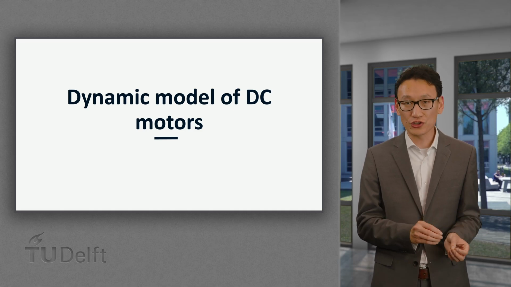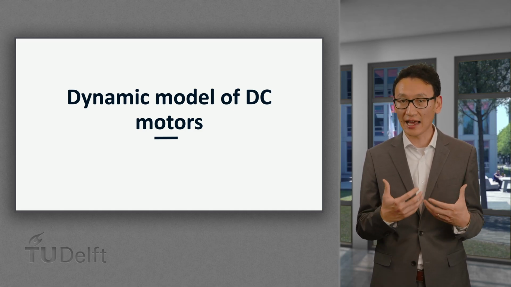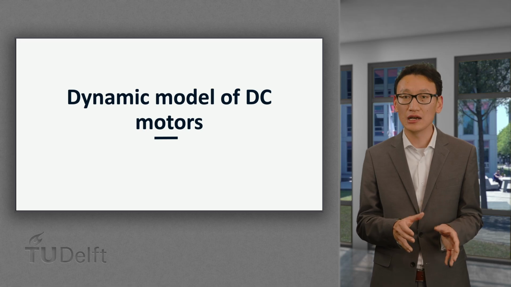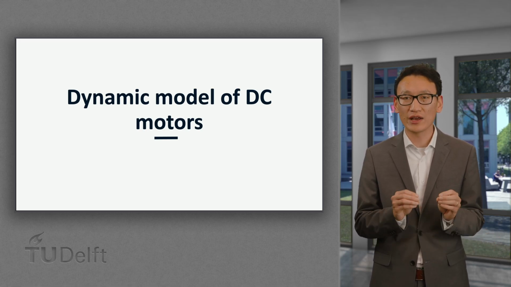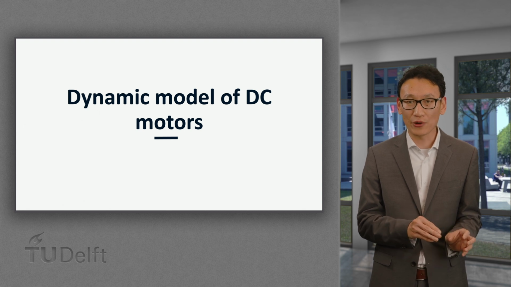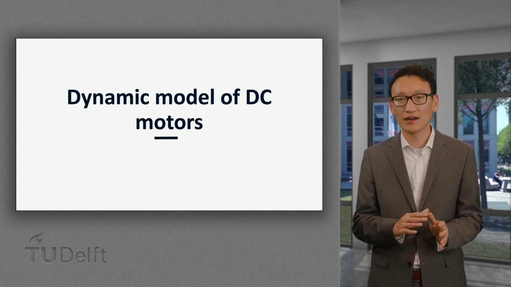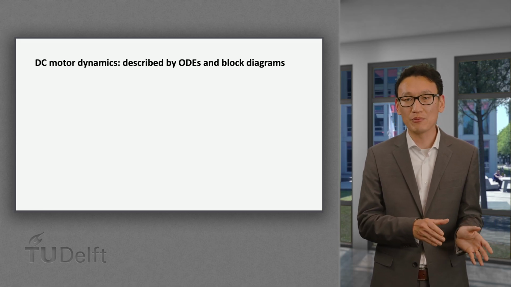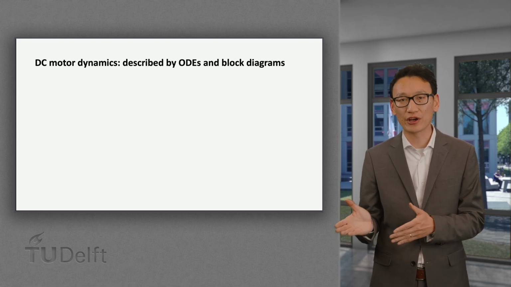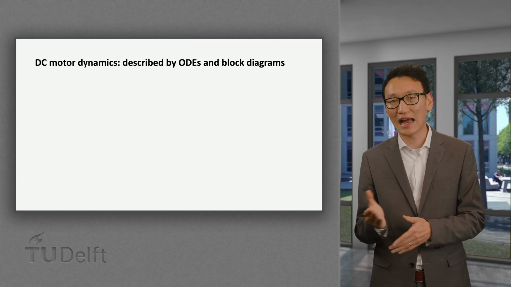However, for control purposes, we would need the dynamic model of DC motors, which models the transient behavior of the DC motors when there are changes in either current or speed. Like any other dynamic system, the dynamics of a DC motor can be described by ordinary differential equations and corresponding block diagrams.